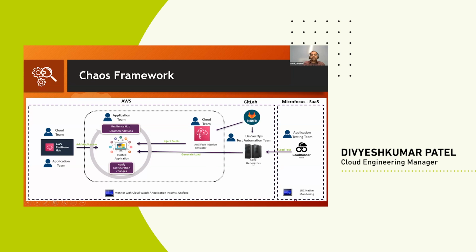These two activities, the LoadRunner script and our FIS experiment, are created on the side. Once we have both ready, we trigger them through the GitLab pipeline. My GitLab pipeline will trigger the load test, and in between, we will inject these failures through FIS.